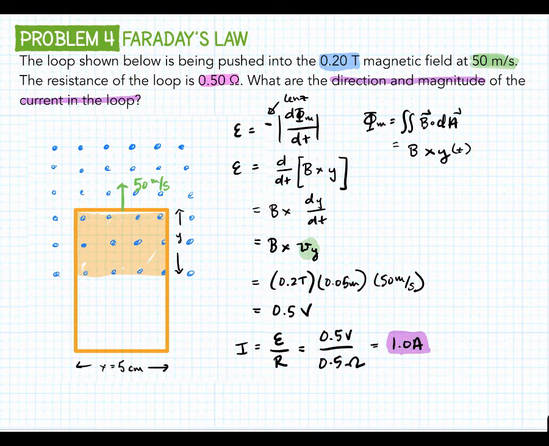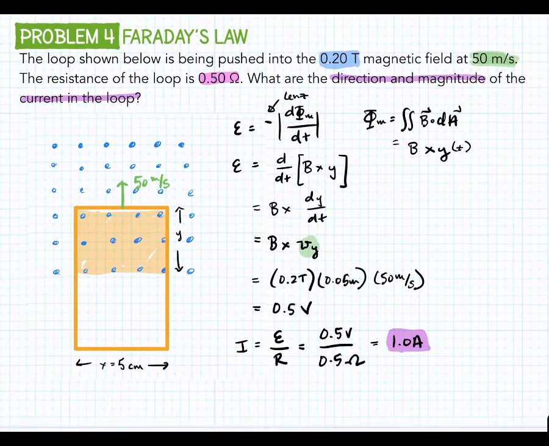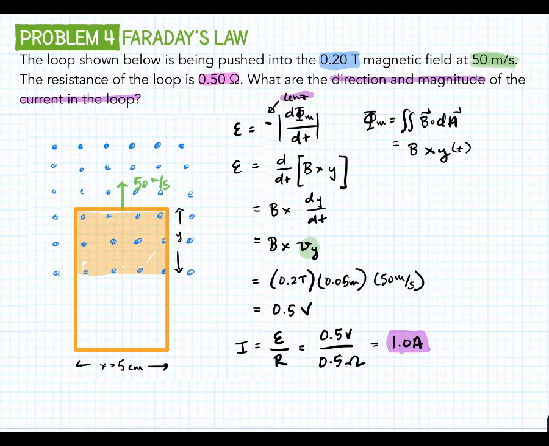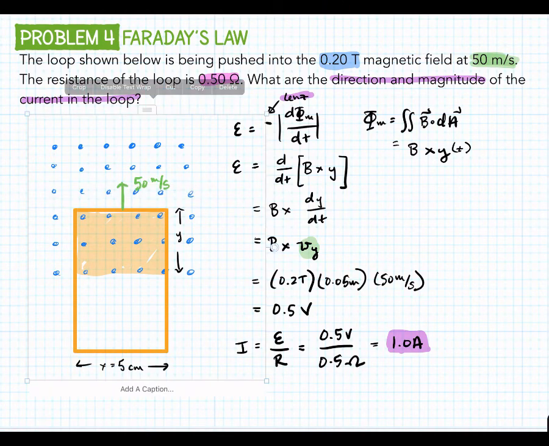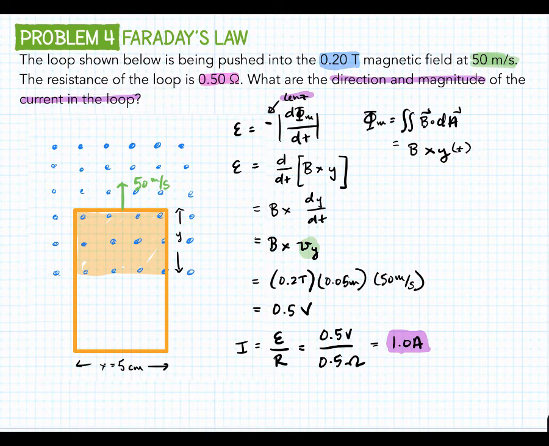Okay? And to get direction, now we have to go back to this Lenz's law idea. And the direction is going to come from the fact that if you look at this thing as it moves, right, the area gets bigger as it goes into the field. So that means your magnetic flux should be getting bigger. Okay, so you have an increasing magnetic flux.